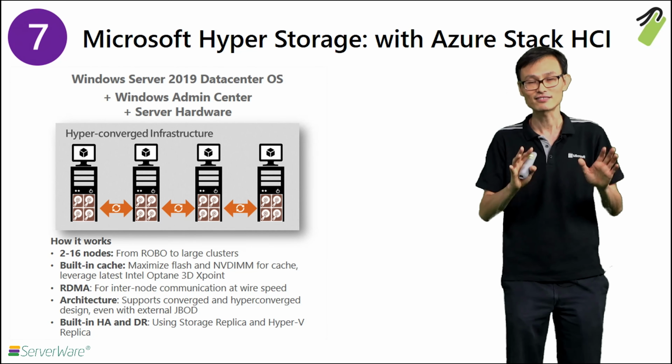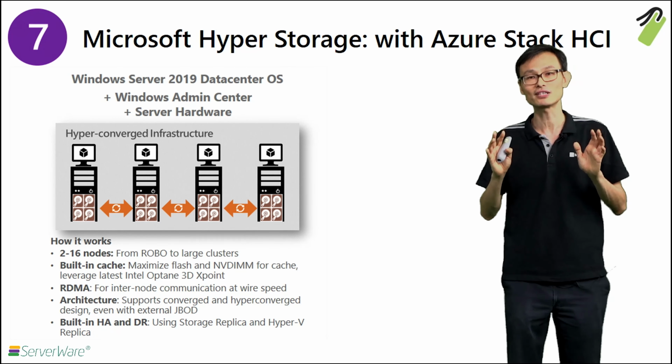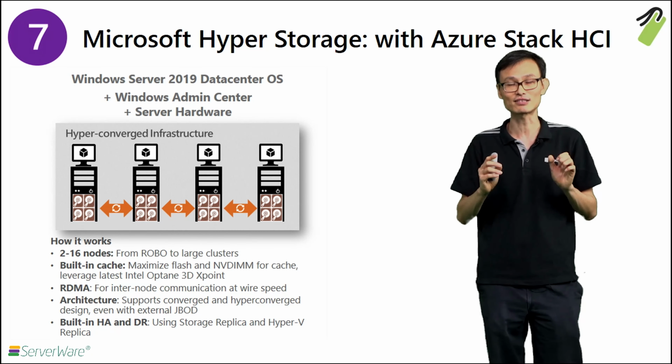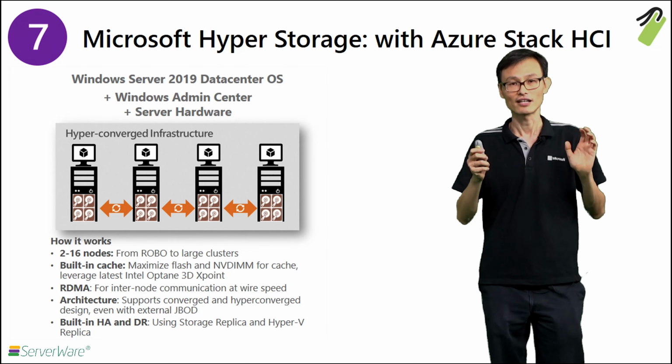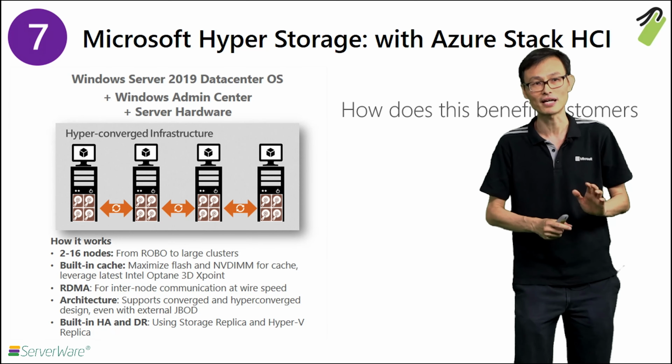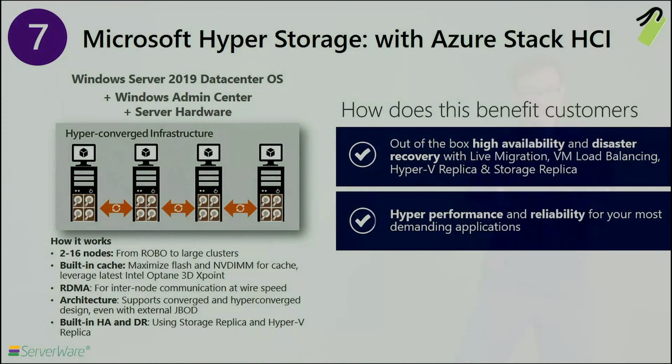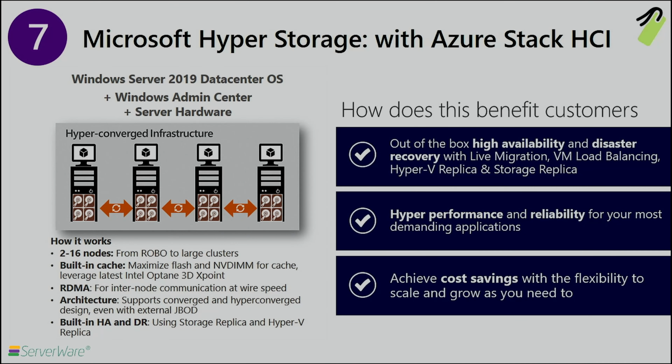Last but not least, this solution comes with built-in HA and disaster readiness, giving you an amazing opportunity to benefit in multiple respects. Think of it from the perspective of out-of-the-box high availability and DR, even down to the high performance and reliability mentioned earlier, and amazing cost savings to get you started.